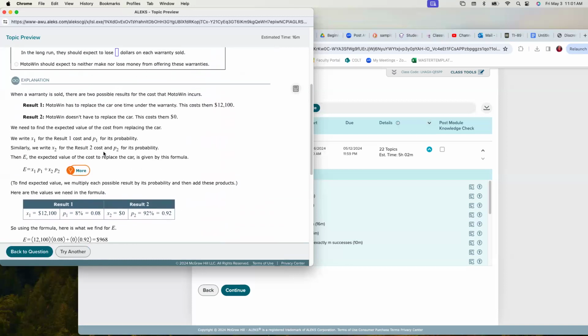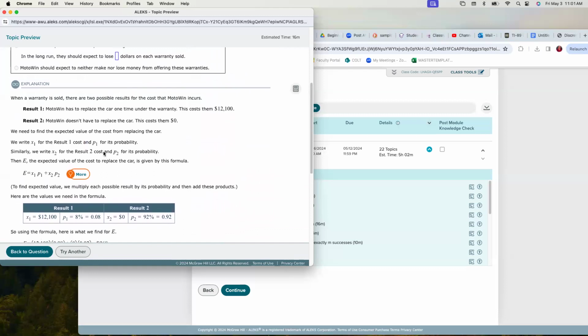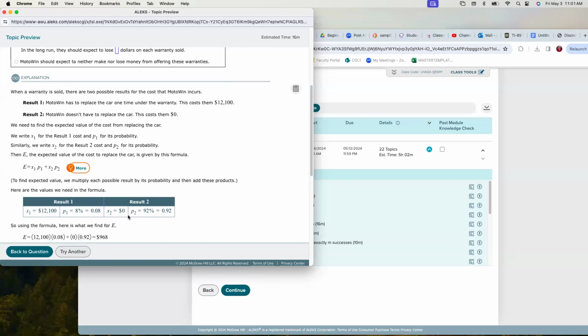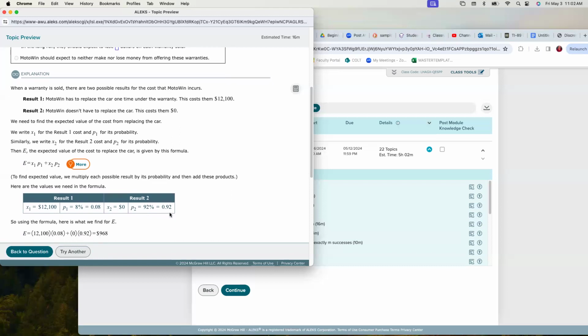We essentially have 2 results, right? One of them is they're going to pay out this much money, on an 8% probability, or they're also going to pay out no money. If they don't have to replace the car, they don't have to pay anything, and there's a 92% chance of that happening.